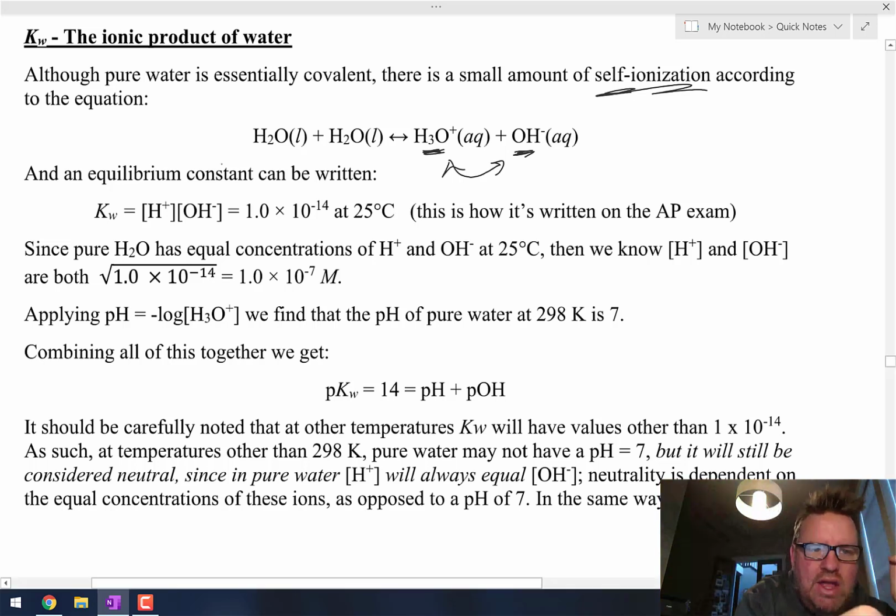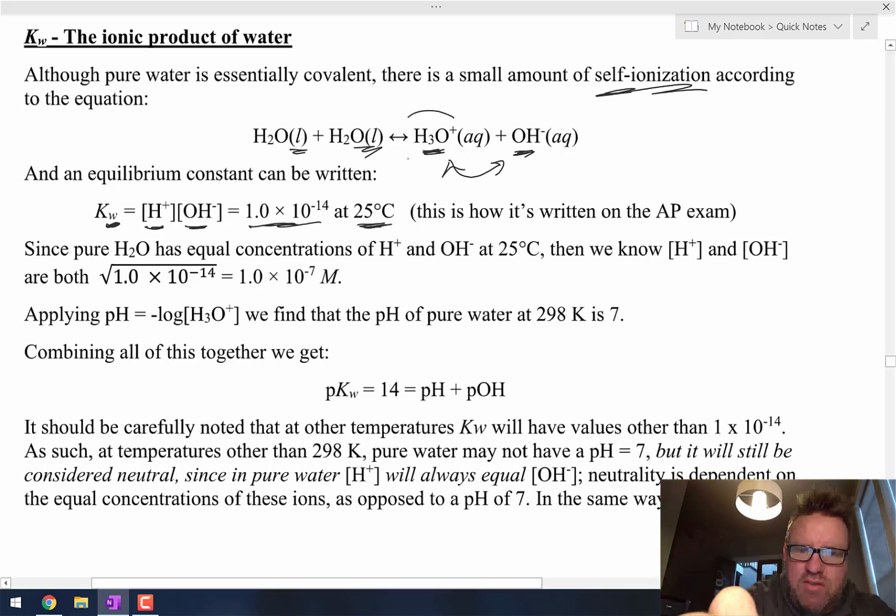So at equilibrium, you can write another equilibrium constant. These are both liquids. And so Kw, where the W stands for water, is only for when water autoionizes: you get the hydrogen ion concentration times the hydroxide ion concentration. At 25 degrees Celsius, and only at 25 degrees Celsius, Kw is equal to 1 times 10 to the minus 14th.